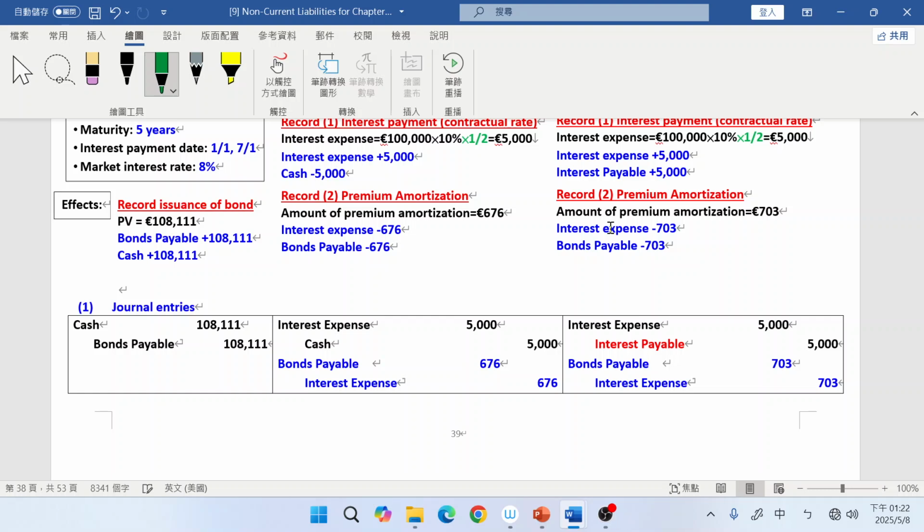We have to record our first cost of borrowing and second cost of borrowing. Record your first cost of borrowing, contractual interest, and your second cost of borrowing, discount amortization, 折价摊销, or premium amortization, 溢价摊销.